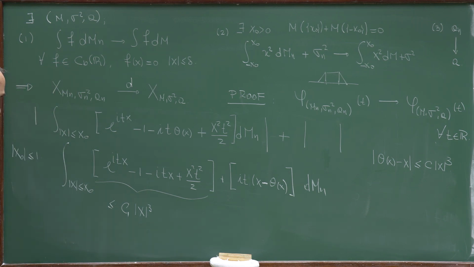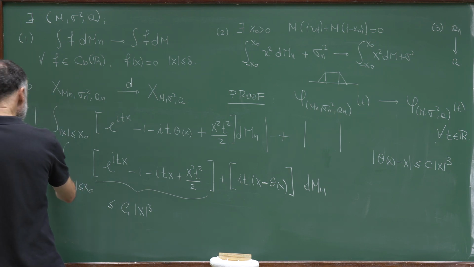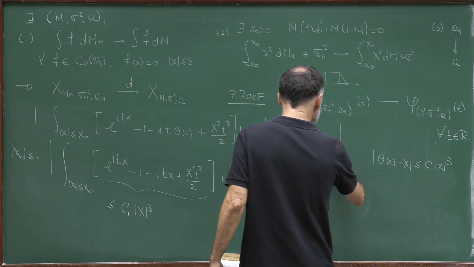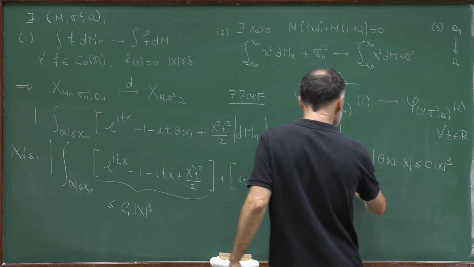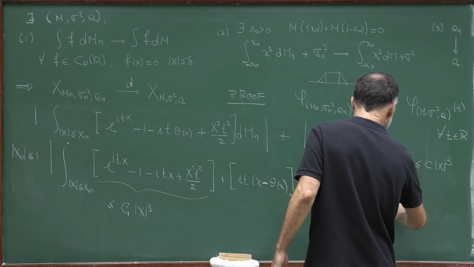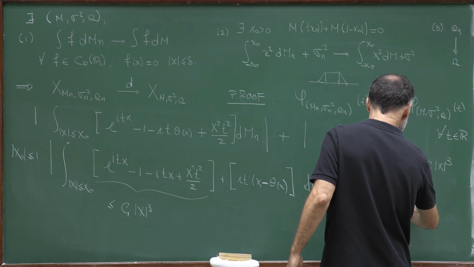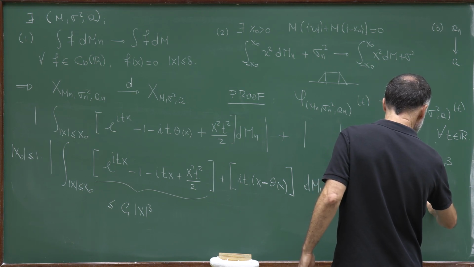And so the conclusion is that the absolute value of this integral is bounded by a constant which depends on t times the integral over |x| smaller than x0 of |x| cubed dm_n.